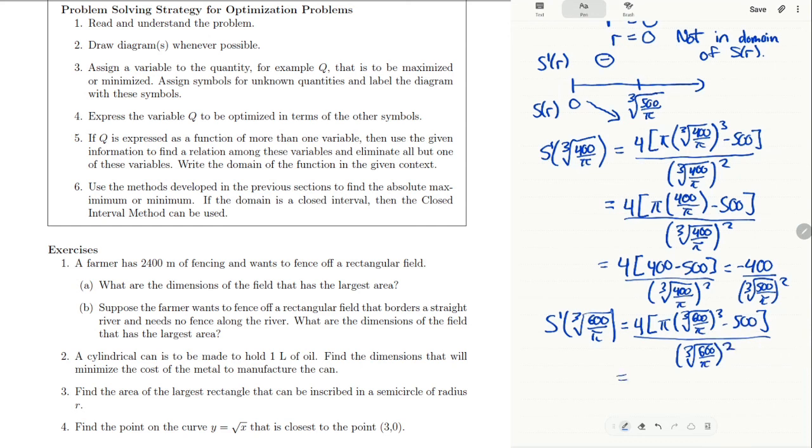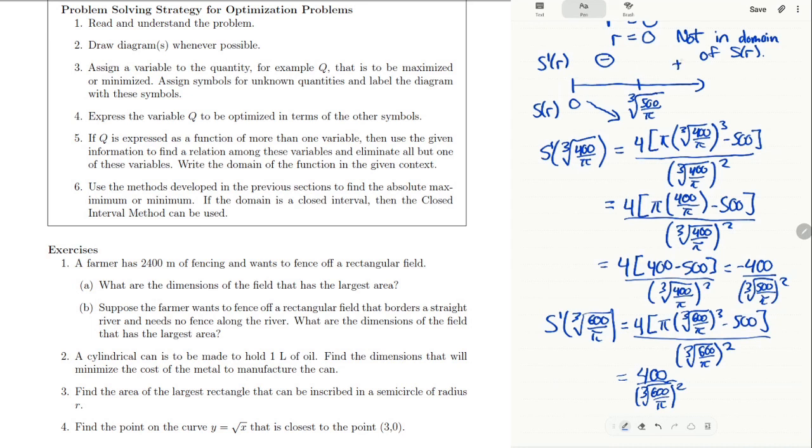If you perform the same simplifications as before, we will end up with positive 400 over the cube root of 600 over pi squared, which is a positive number.